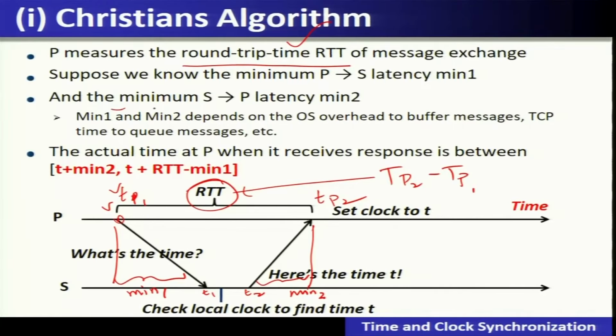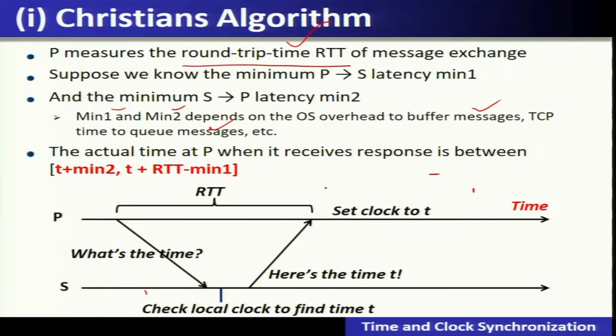So, the min 1 and min 2 latencies depend upon the operating system overhead to buffer the messages, TCP also takes time to queue the message, and so on. So, the actual time at P when it receives the response is between t plus min 2 and t plus RTT minus min 1, where t is the server time. So, let us understand this.